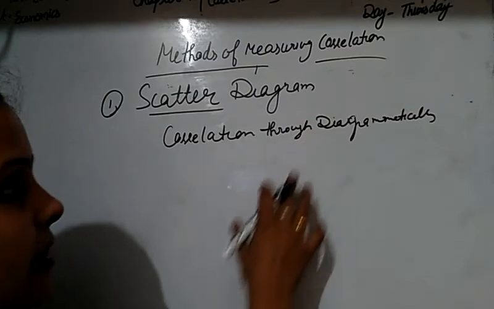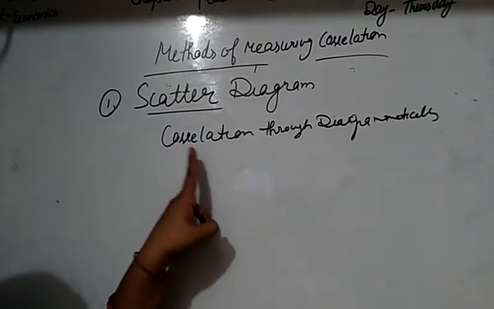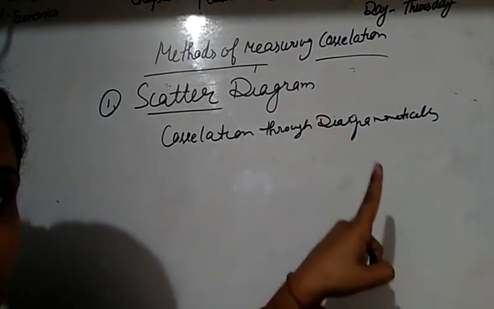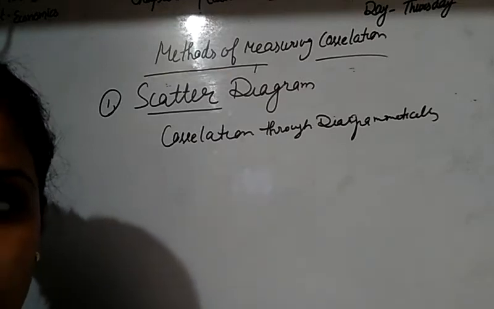By using the scatter diagram method, correlation is presented diagrammatically, graphically. Okay students.